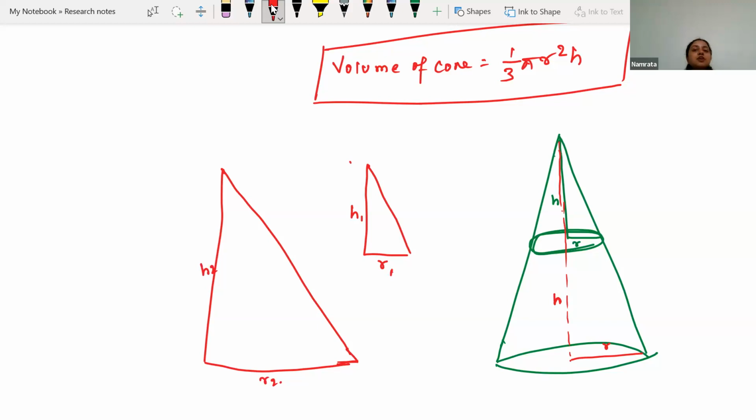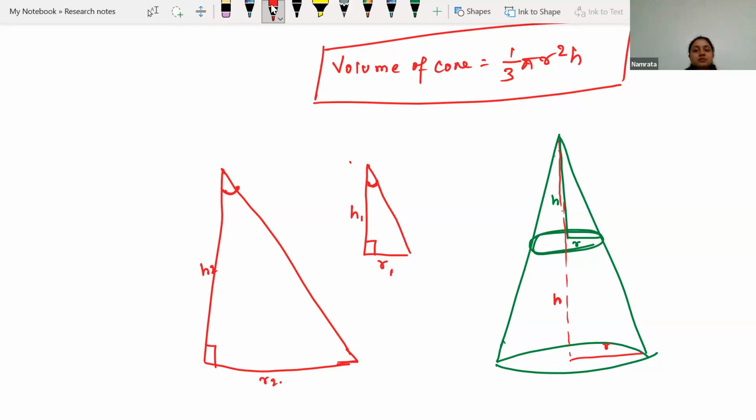Have you done the concept of similar triangles in the triangle chapter? Here 90 degrees, here 90 degrees. Whatever angle is here, the same angle is there. So the angle similarity criterion tells us these two triangles are similar, yes or no?